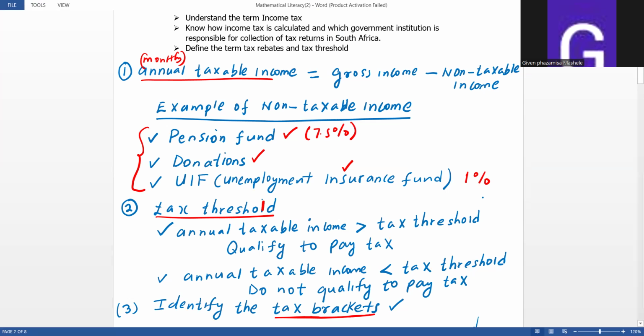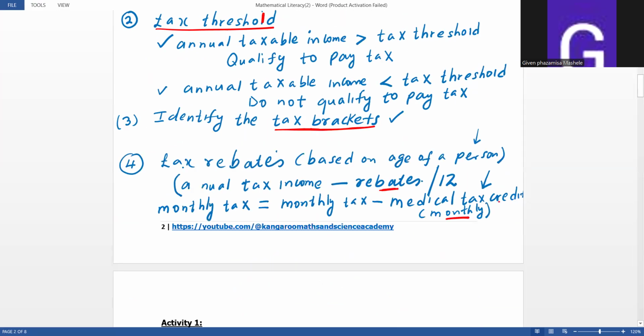After that, you have to identify the bracket in which that annual taxable income falls. Then you calculate the annual tax: you use the minimum amount plus the percentage of the taxable income that is above the lowest value in the range of that bracket.